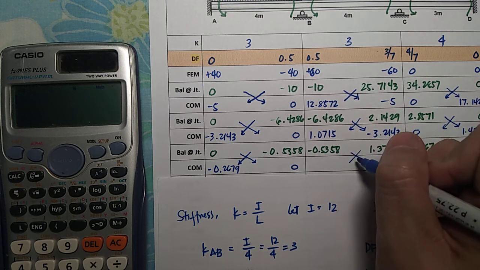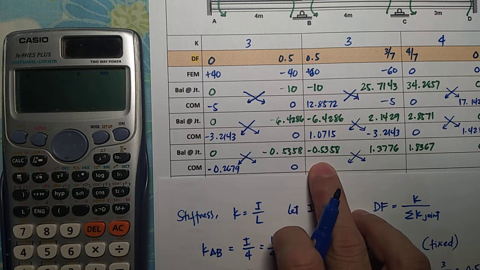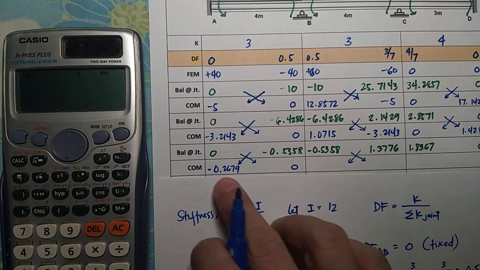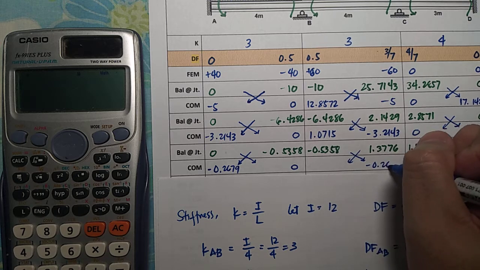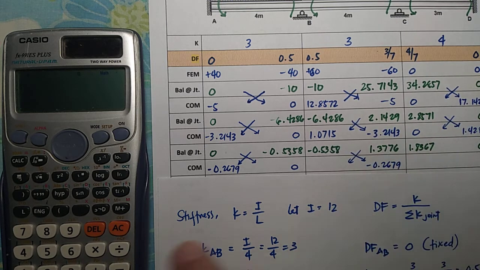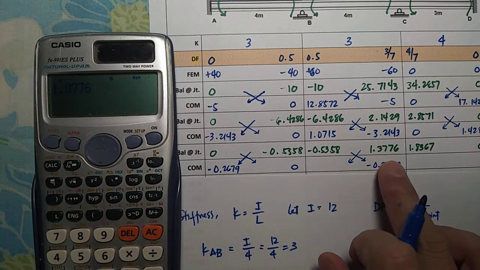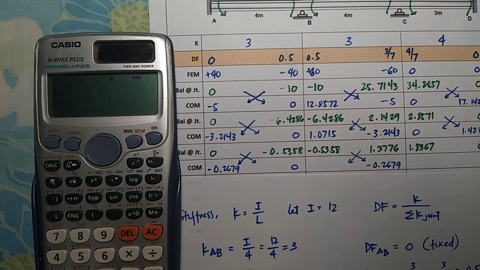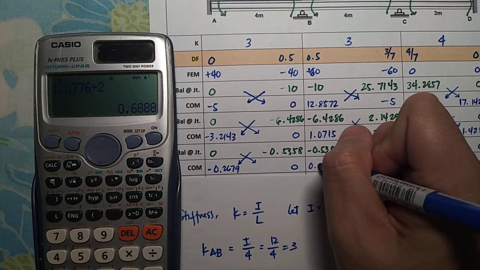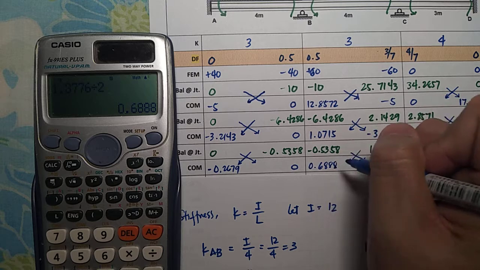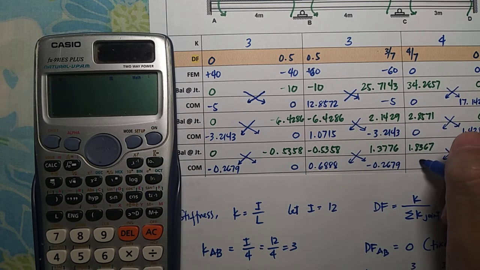So here, okay, negative 0.5358. So that's the same with this, 0.2679. How about this 1.3776 divided by 2? So we got 0.6888. Okay? Then here, 0.